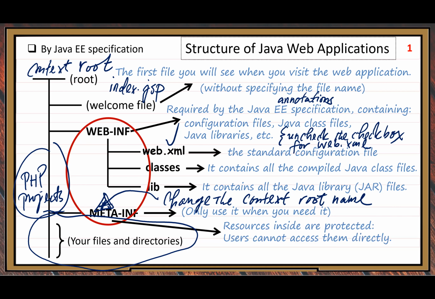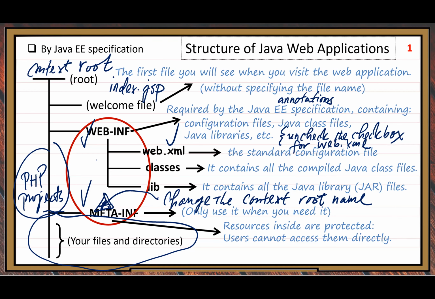Then look at that big red circle. I use that big red circle to cover these two folders, WEB-INF and META-INF. These two folders are very special. How special are they? Data protection.